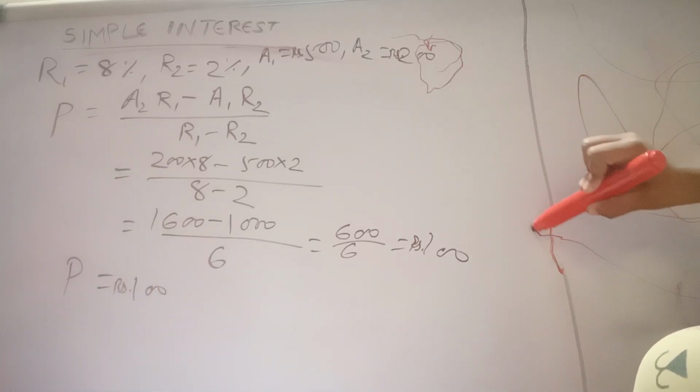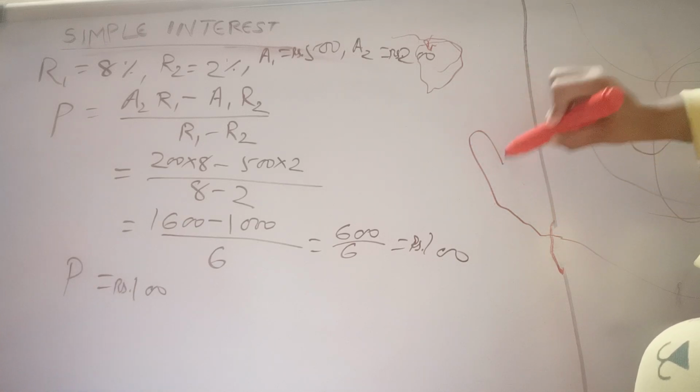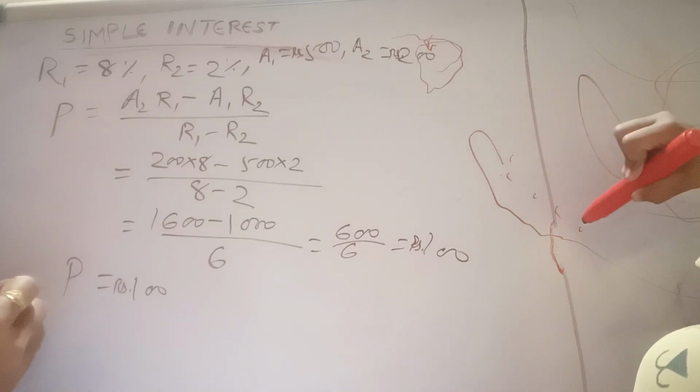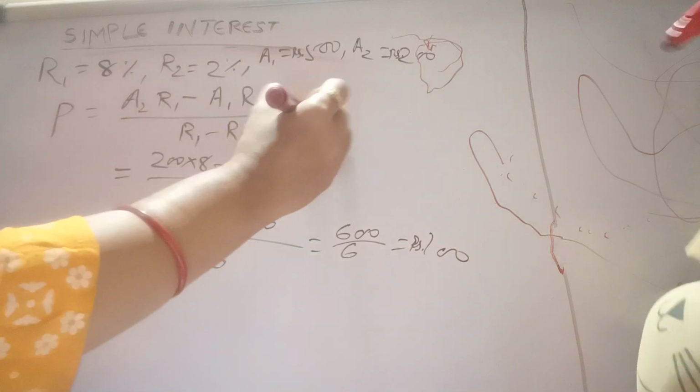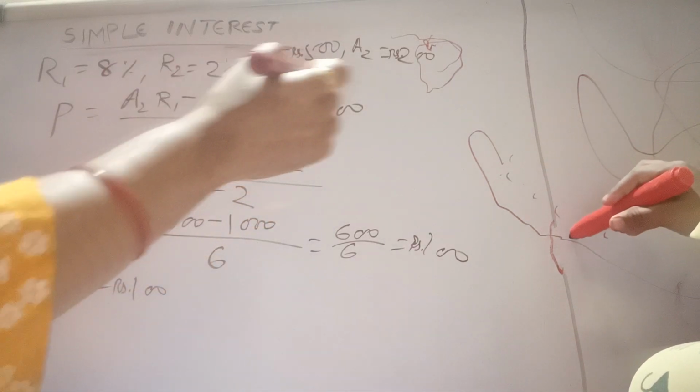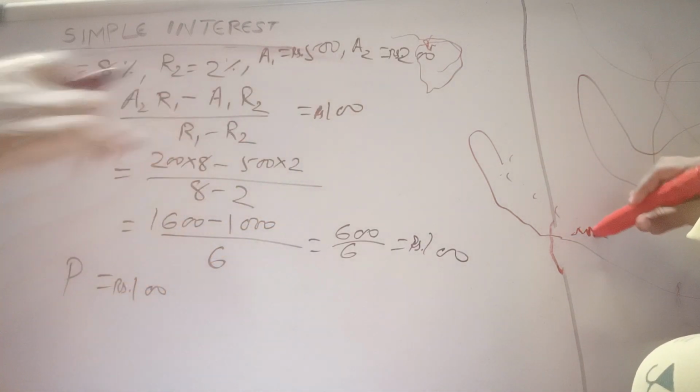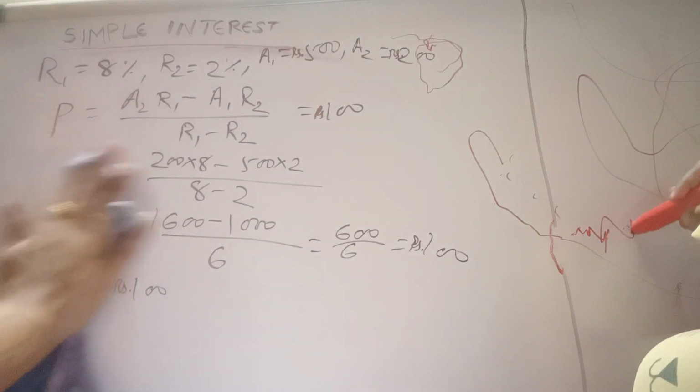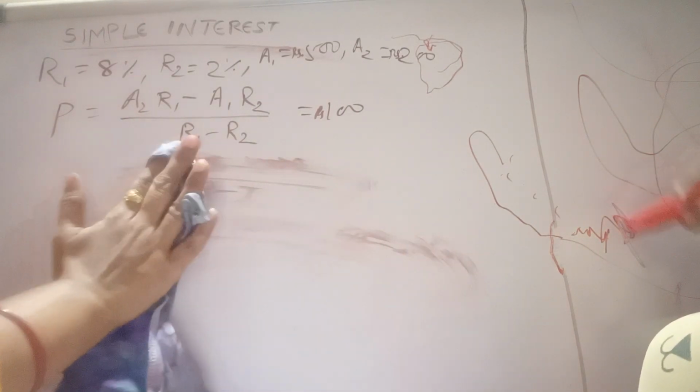Now time. We have to find out the T. P is 100 rupees. Now T we will find out.